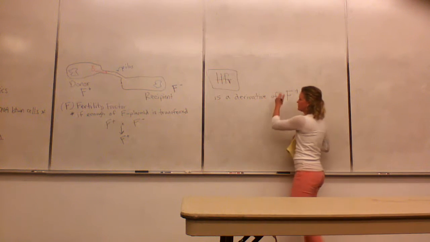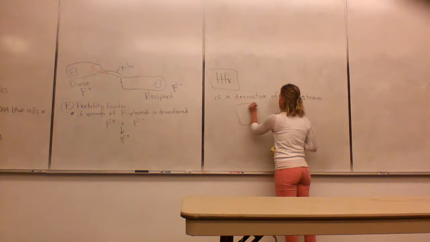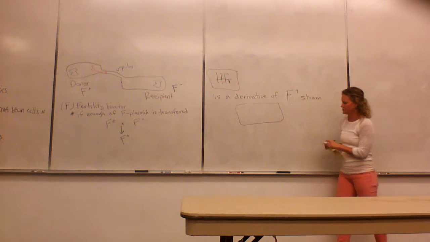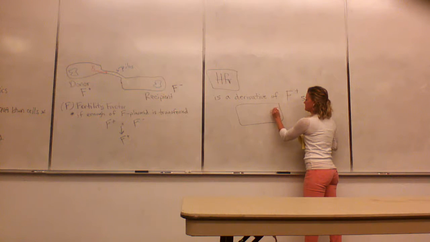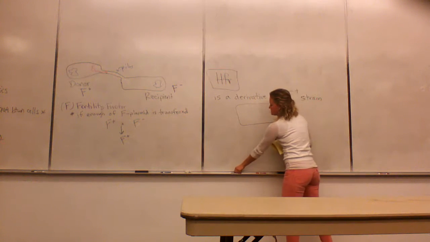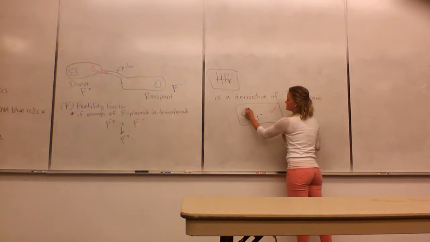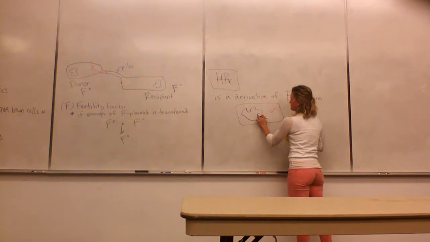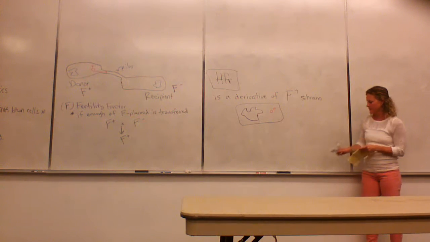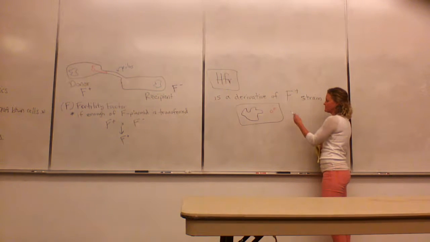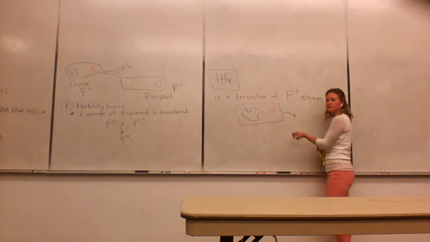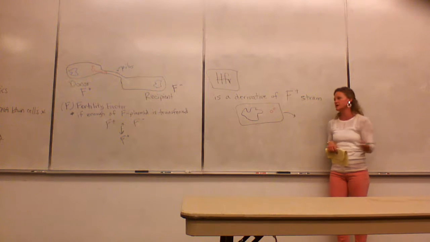Okay, so what happens is you have your little F plasmid, and you also have the chromosomal DNA. And recombination events, this is somewhat rare, but again, we can recover it with bacteria because there's so many of them.